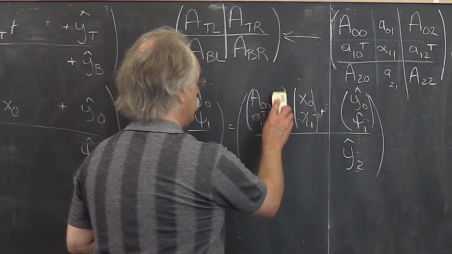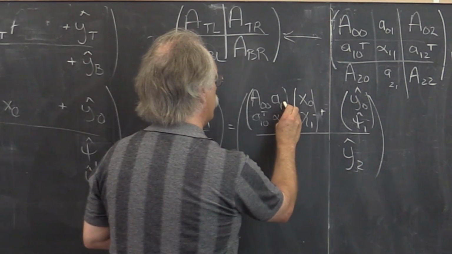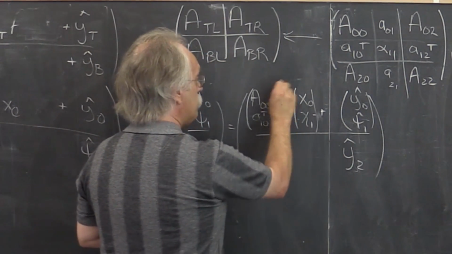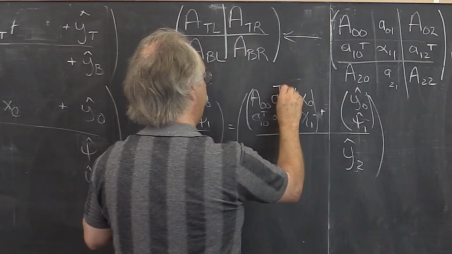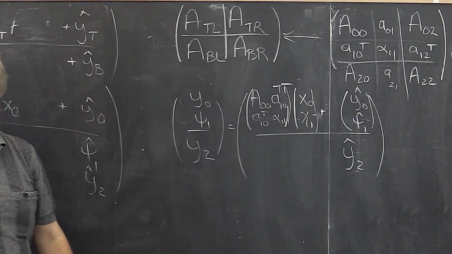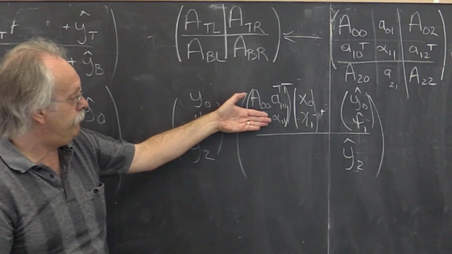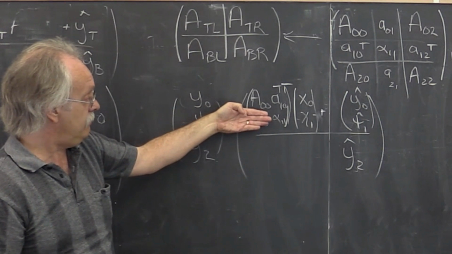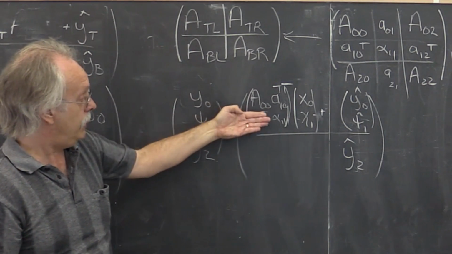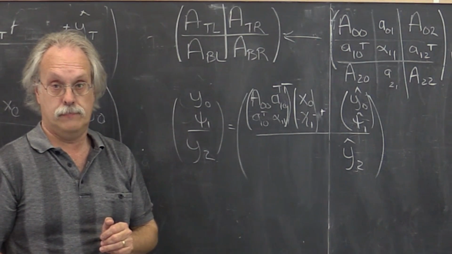So in our expression, we really need to put in A10 transpose transpose. Let's actually put it in that way. Okay, because the A10 transpose really is a label that we give to this part of the matrix, and we need to take what's in that part of the matrix and transpose. You got it?